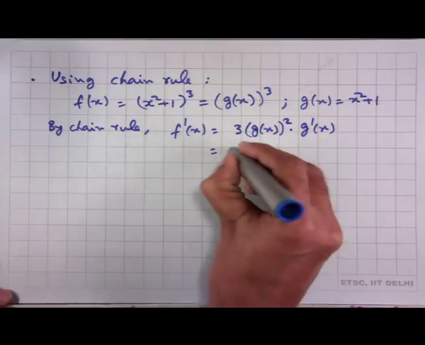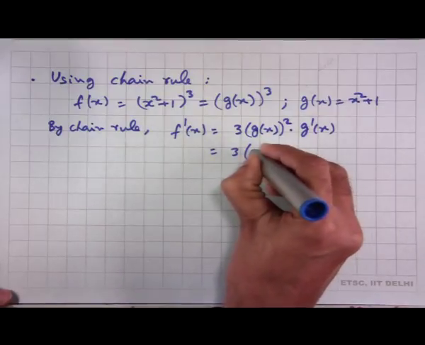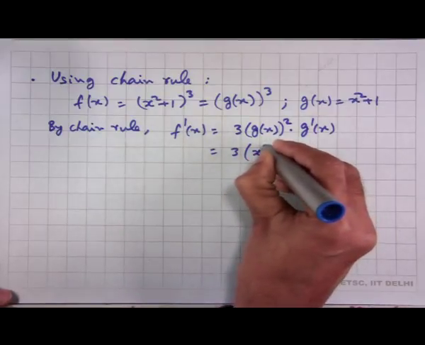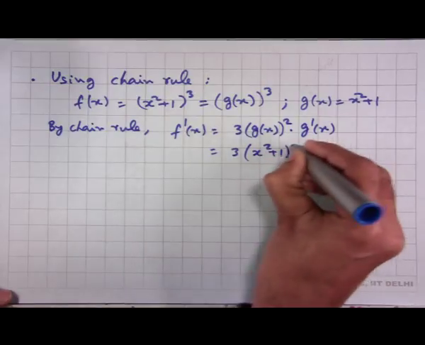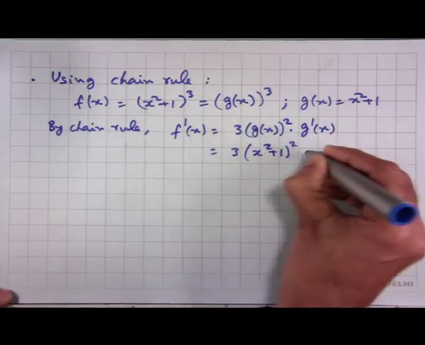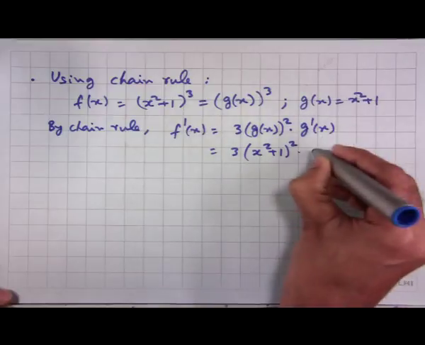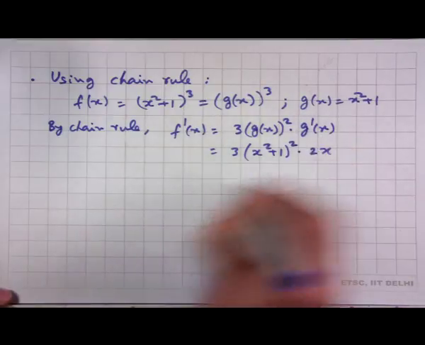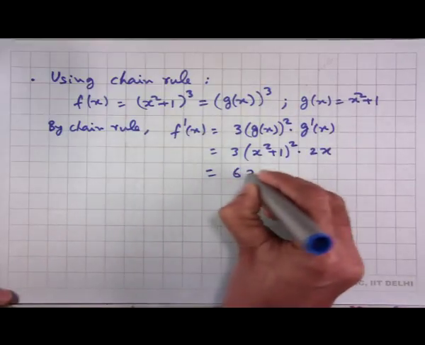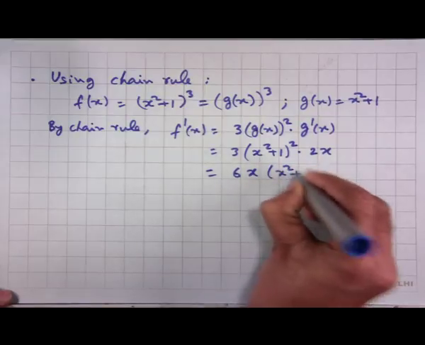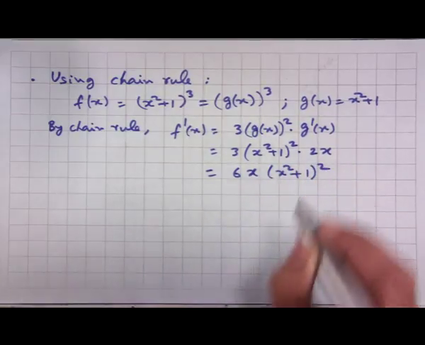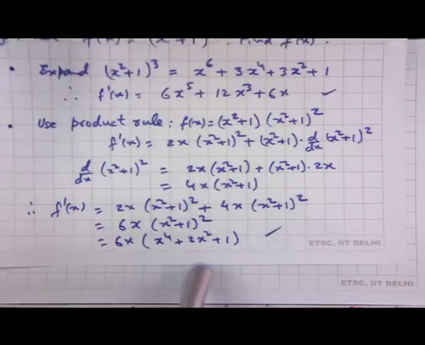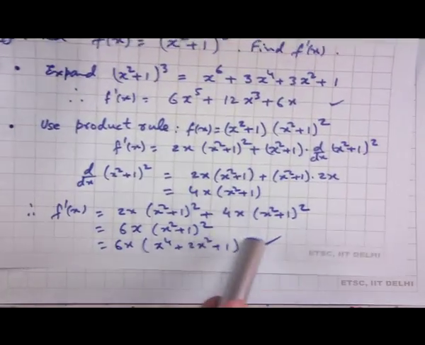This is equal to 3 times x square plus 1 square times g prime x, which gives me 2x. So this is equal to 6x times x square plus 1 square, which is the same answer that we got using the product rule.